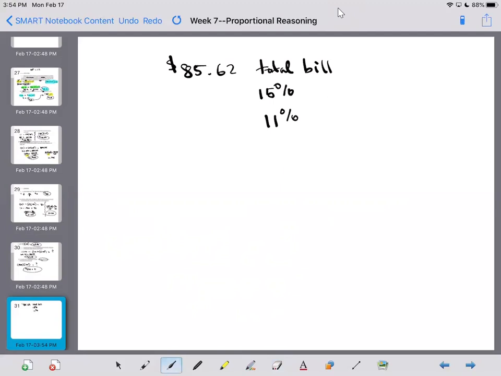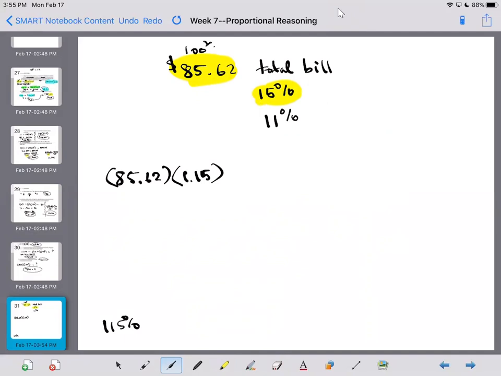So to do a quick calculation of this, it would be $85.62. I want to give 15%. So that means I'm paying all of this in yellow, right? That's 100%. Plus the 15%. Well, that's 115%, which is 1 15 hundredths as a decimal.